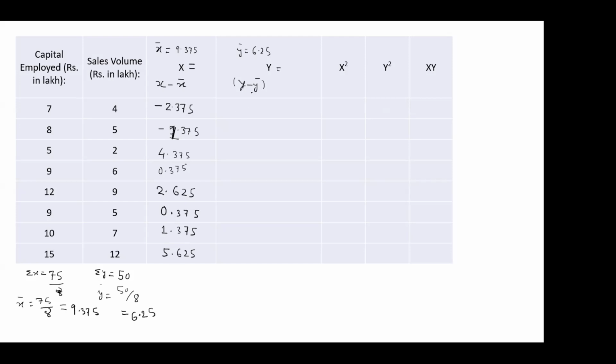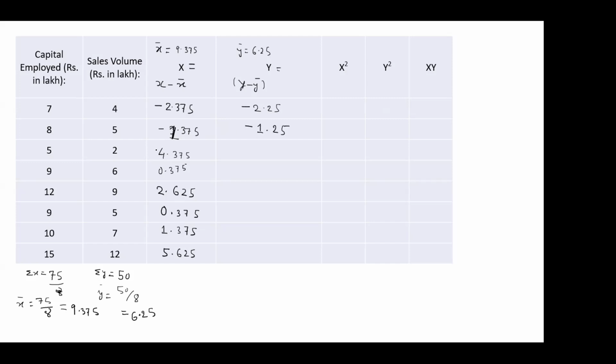In the same way, we have to find the value of y minus y bar. So y is 4. 4 minus 6.25 is minus 2.25. Next is 5 minus 6.25, which is minus 1.25.